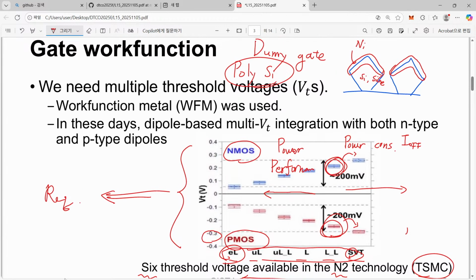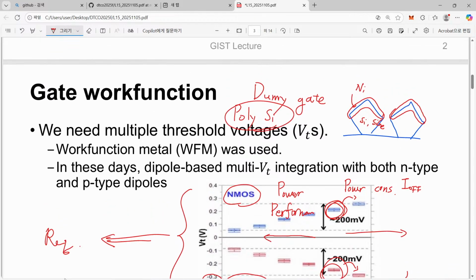Only our gate stack itself is used as a knob to control threshold voltage. Why am I saying this? It was not the case in former times. Decades ago, there were different ways to change threshold voltage.